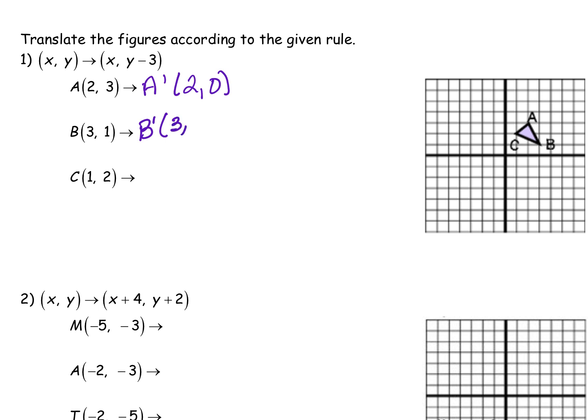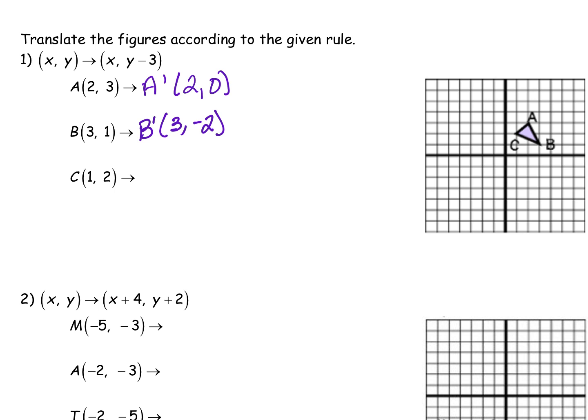And what's my y location of B prime? Negative what? Negative 2, yeah, great. Because I take 1 and I subtract 3 from it, right? So 1 minus 3 is negative 2. Awesome. Good job. We're going to get to the graph part in a minute.